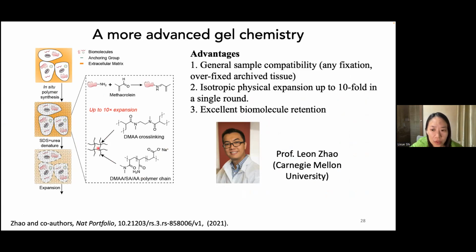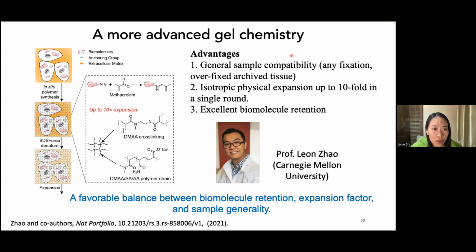With our new recipe, isotropic physical expansion up to 10-fold is allowed in a single round with very good sample compatibility. As a summary, this new expansion microscopy strategy achieved a favorable balance between biomolecule retention, expansion factor, as well as sample generality.